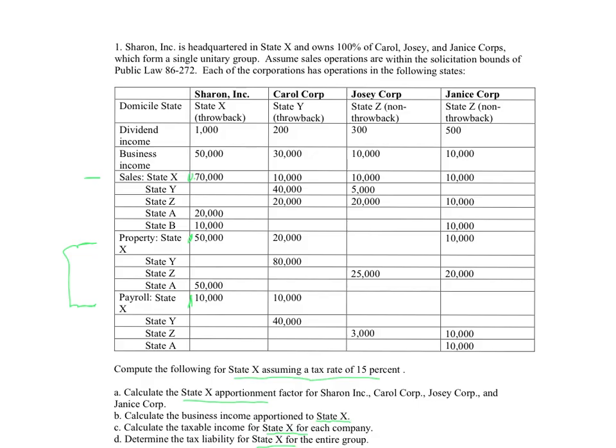Then we look at Carol Corporation. They have sales in state X, property in state X, and payroll in state X. Now we come over to Josie Corporation.